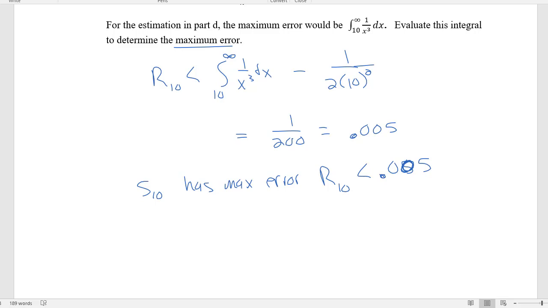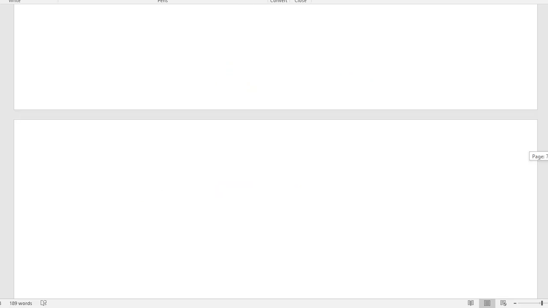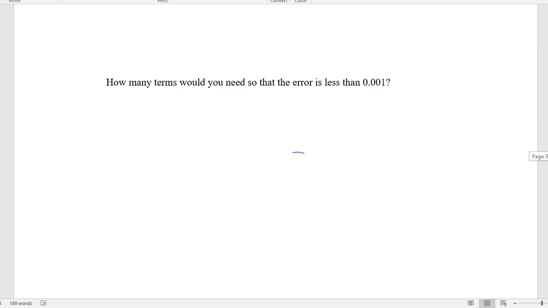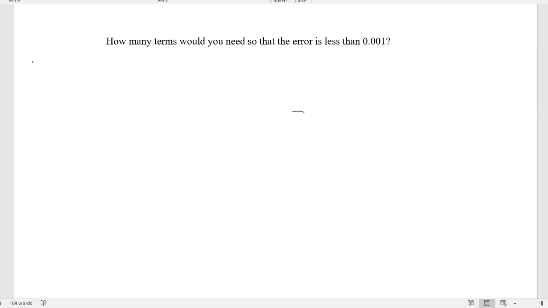Now, let's say that we want to prescribe a specific size of error. So let's say, how many terms do we need to achieve this error? What we're looking for in this case is that we want our remainder of some number of terms to be less than 0.001.